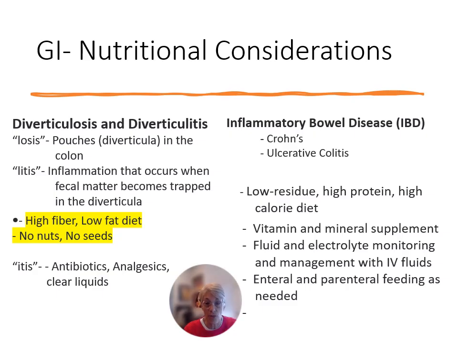Sounds very unhealthy, but low residue. And then on top of that, high protein, high calorie. Well, a low residue diet actually is quite high in calories, but we want to make sure we can match that with some good protein.